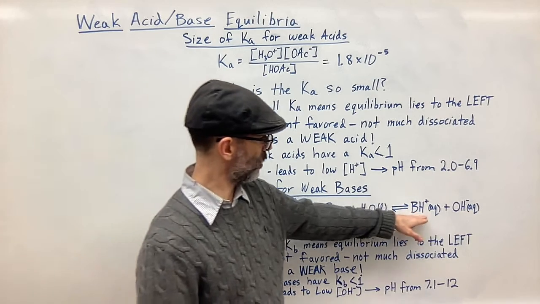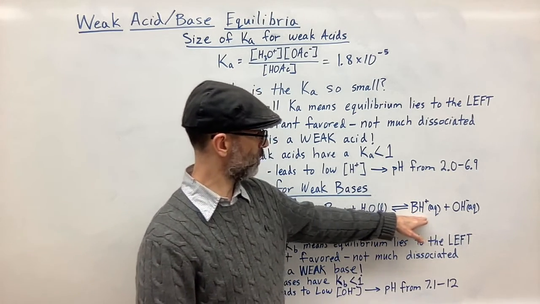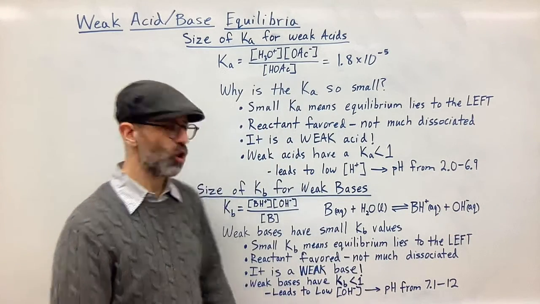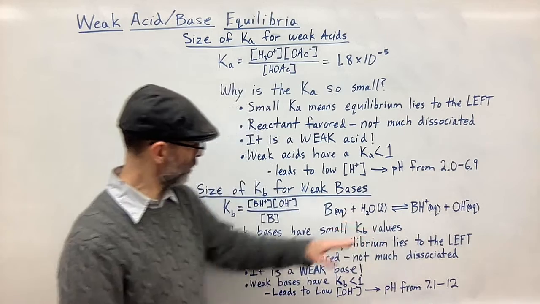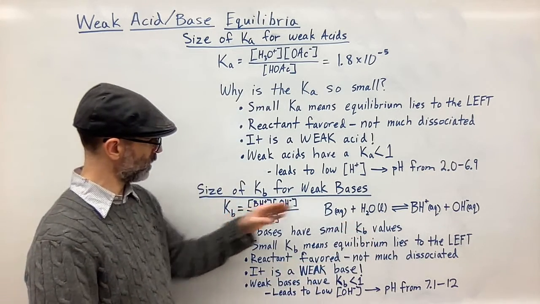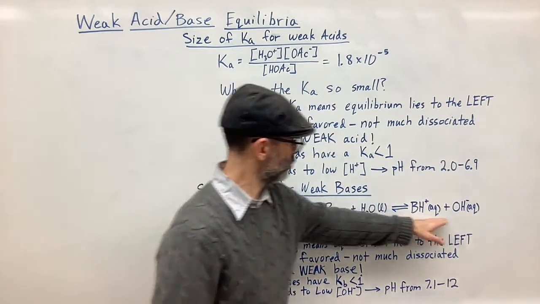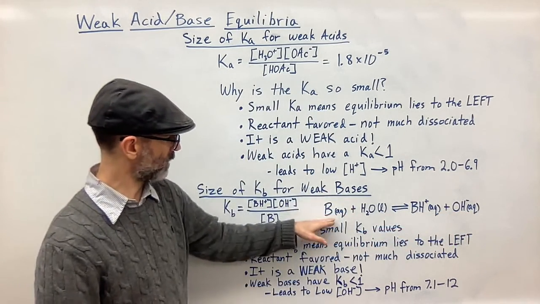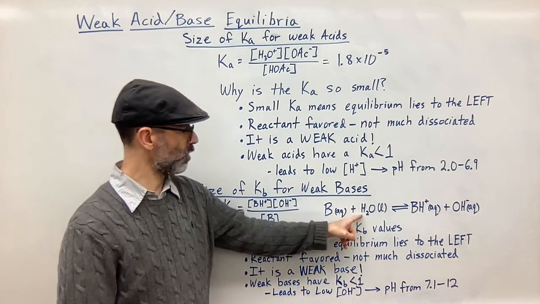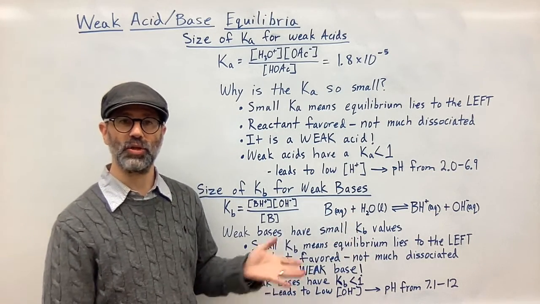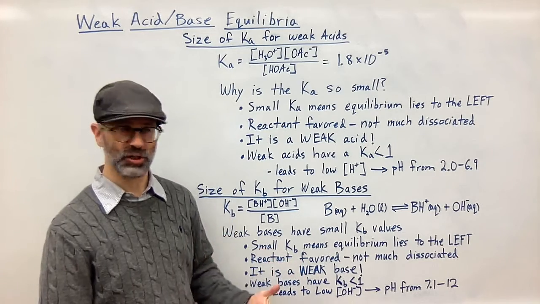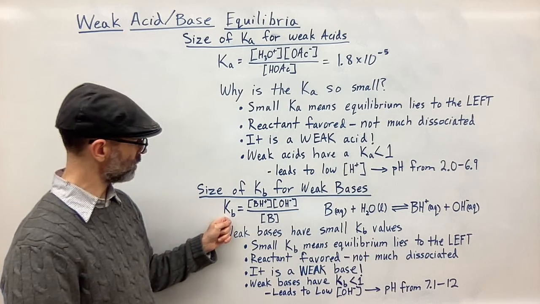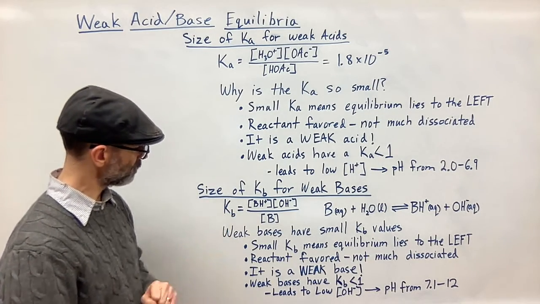It's going to take a hydrogen, and then one of your products is going to be BH plus, and what's left over is OH minus. So for this generic reaction, your Kb expression is going to be the concentration of your products over the concentration of your reactant, which is the base. We're ignoring water again because it's a liquid and we don't include liquids in our equilibrium expressions. So here's our equilibrium expression for a weak base, and we call that Kb.